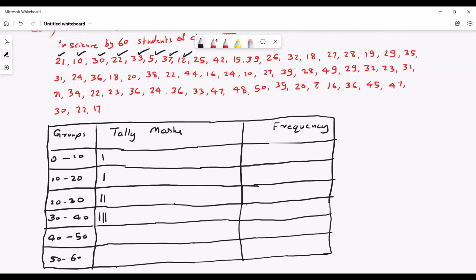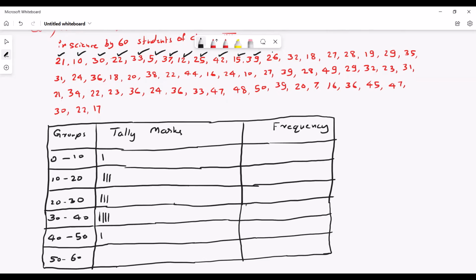Next is 12. 12 will come in 10 to 20. And next is 25. That will come in 20 to 30. And next is 42. That will come in the 40 to 50 group. Then next is 15. That will come in the 10 to 20 group. Then next is 39. That will come in the 30 to 40 group.